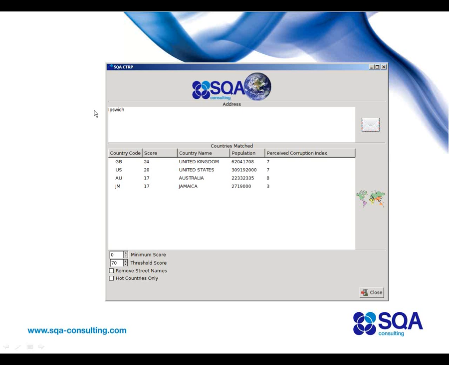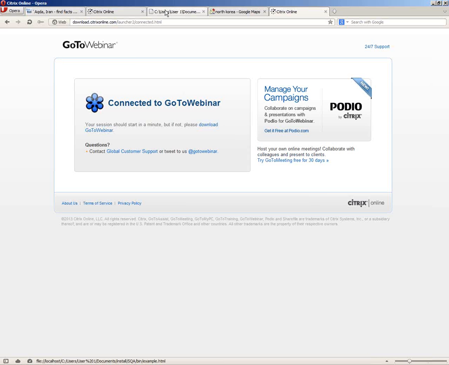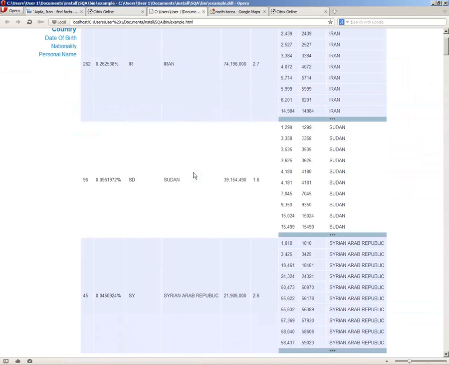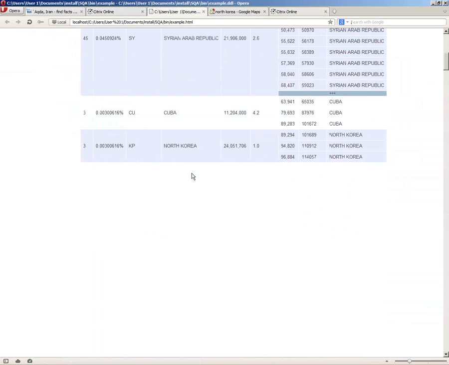Now, if you remember back to webinar 1 on data quality, we had a look at a data profile of some countries, and we in particular looked at 3 entries for North Korea.